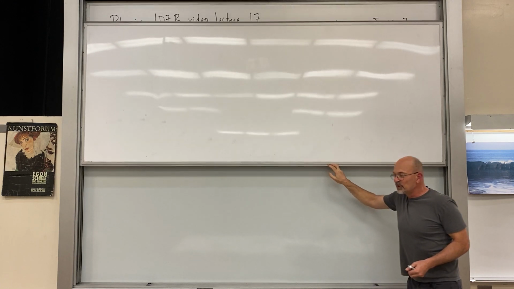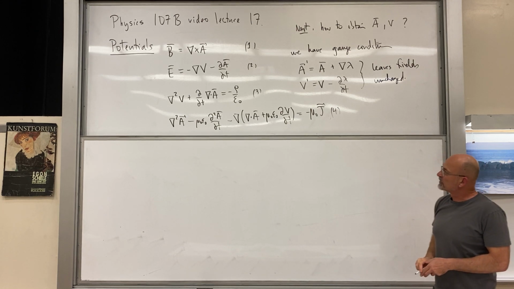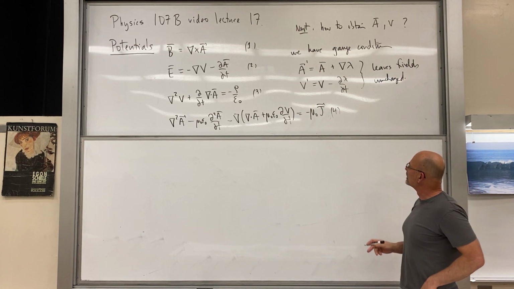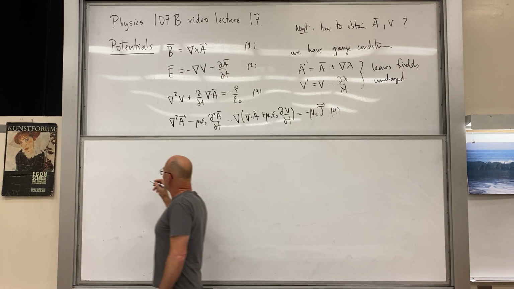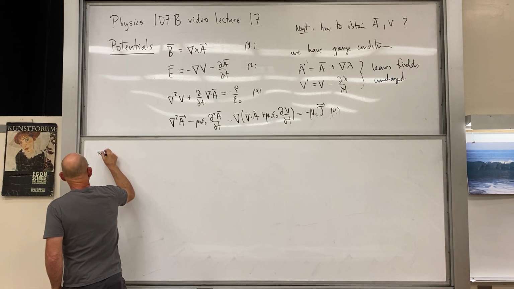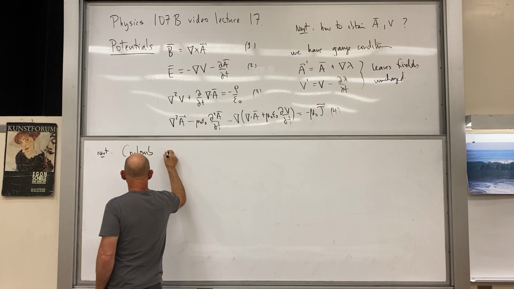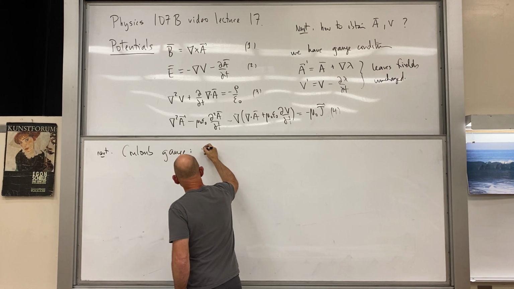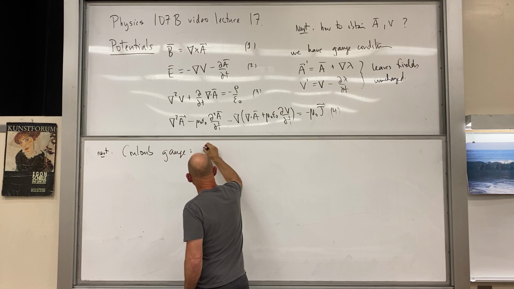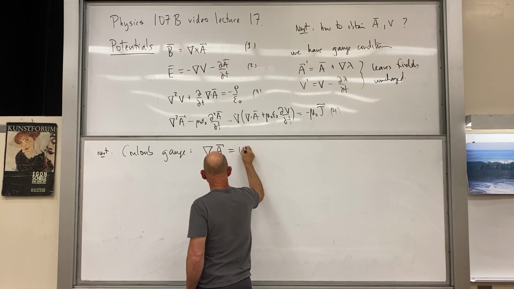Now we're going to introduce two gauges. The first one really just for illustration, the second one's the one we'll work with for the rest of the time. So we have the Coulomb gauge, and that is to take the divergence of A vanishing.